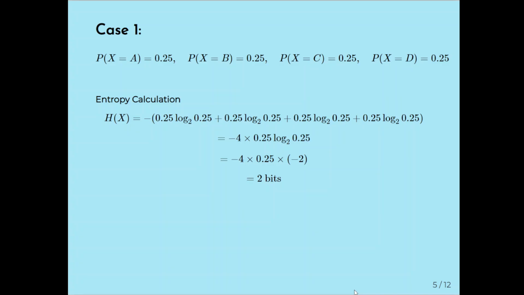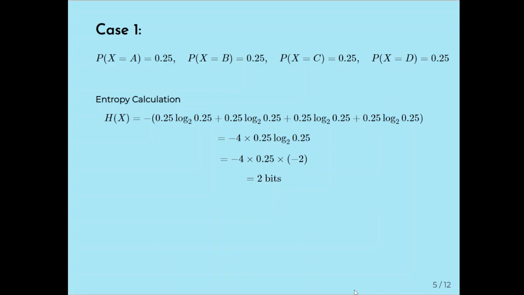So case 1, and in this case we have the probability of X equal to A equals 0.25, likewise the probability of X equal to B, the probability of X equal to C, and the probability of X equal to D all equal 0.25. For each of these we multiply 0.25 by the logarithm of 0.25 to the base 2.